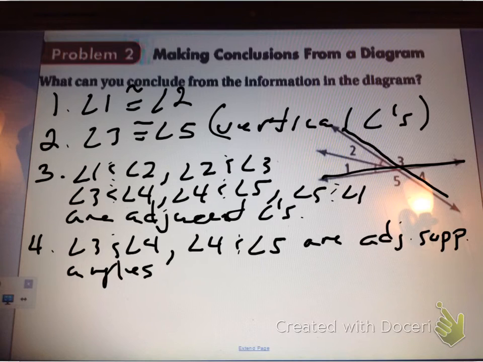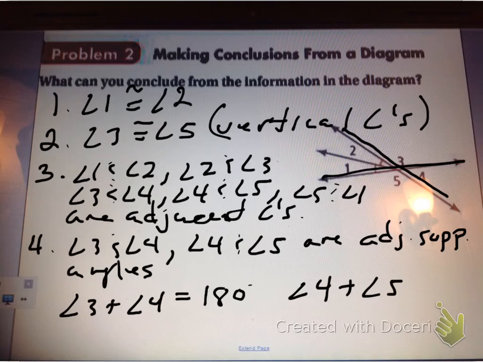Well, by definition of supplementary angles, angle 3 plus angle 4 equals 180 degrees, and angle 4 plus angle 5 equals 180 degrees. Alright, so flip the page or look over to the next slide, and that is what's next.